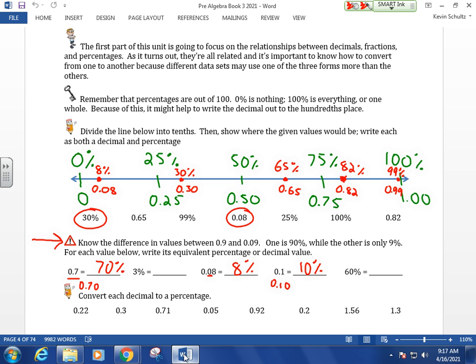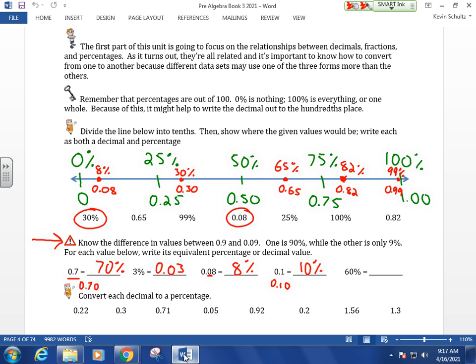Okay. How would we write 3% as a decimal? Would that 3 go in the 10th place or the hundredths place? The hundredths place. 3% would have to be 0.03. There, the 0 is necessary because it's what puts the 3 in the hundredths place. How about 60%? 0.6 or 0.06?